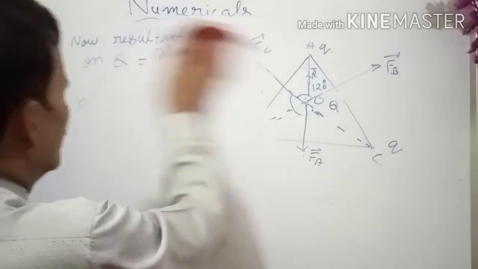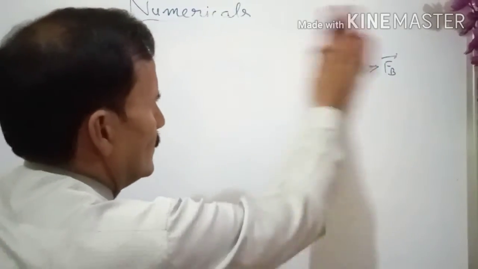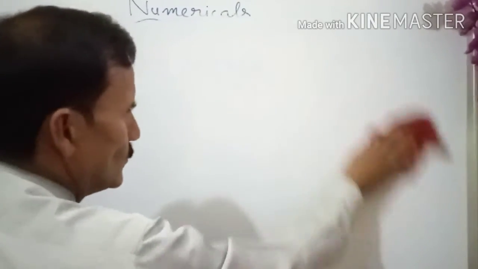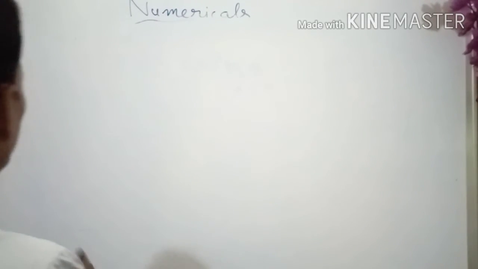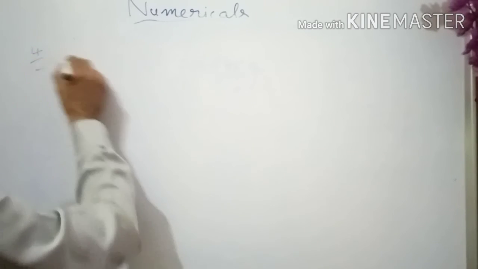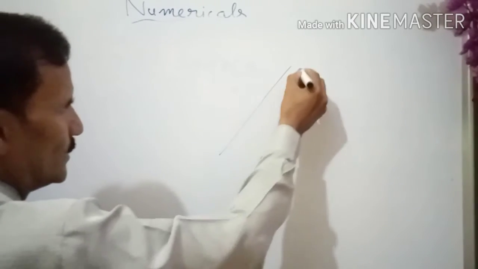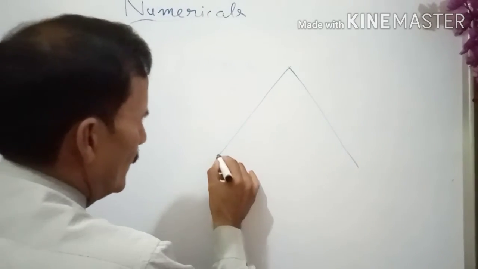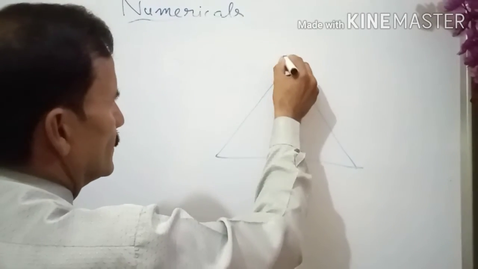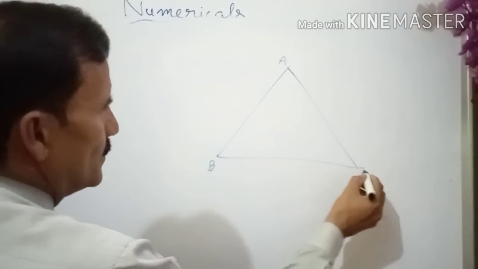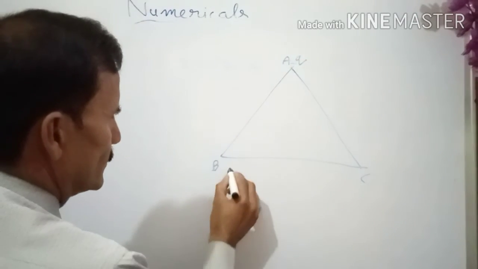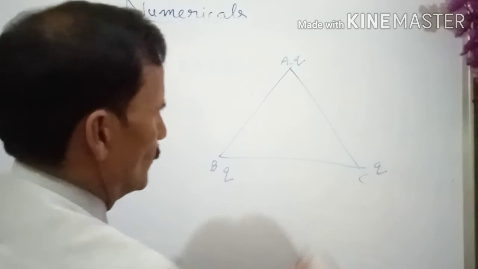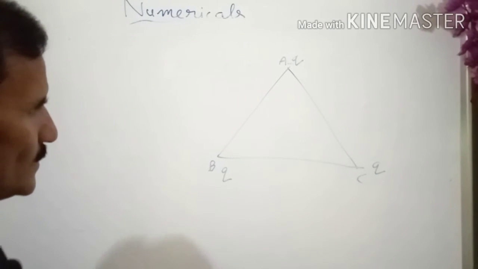Now let us take another numerical. Suppose you are taking a system of charges where charges are different. So question number 4, suppose there is an equilateral triangle and 3 charges, one is minus Q, it is Q, it is Q, placed at the corners.